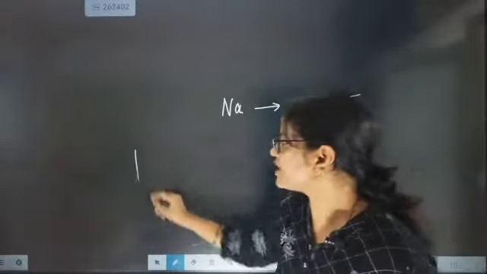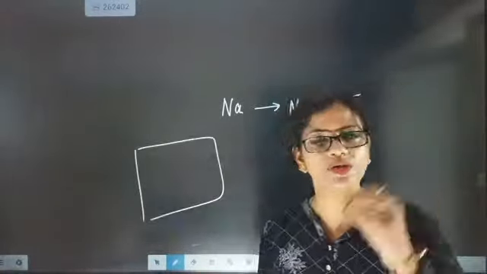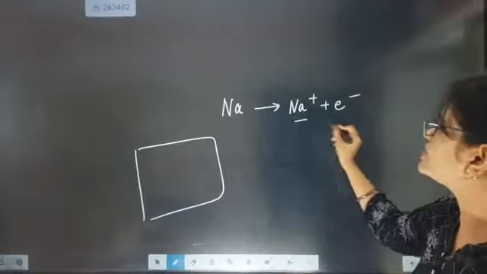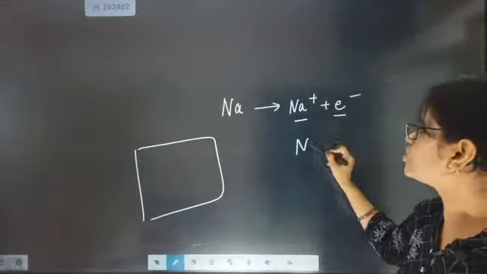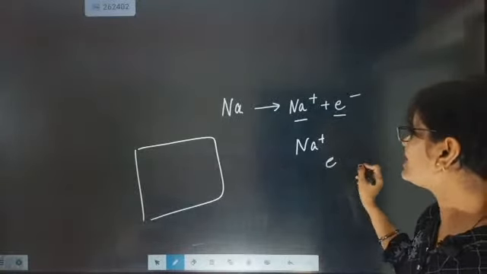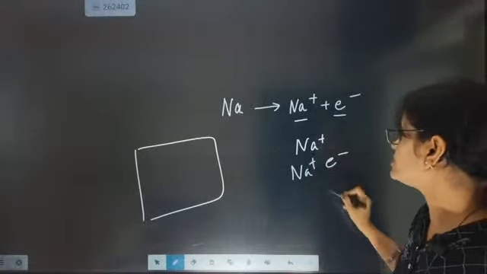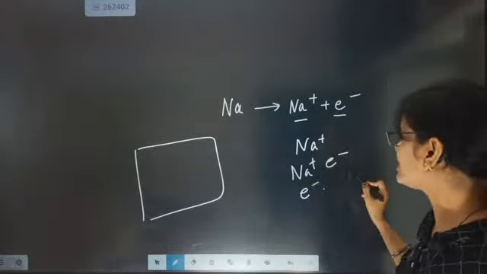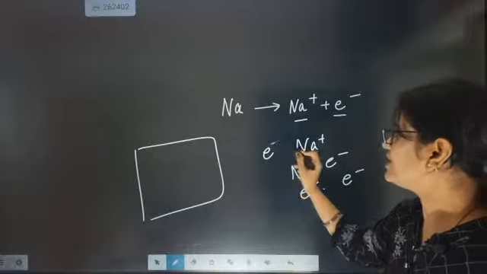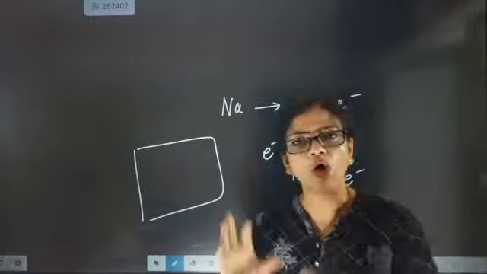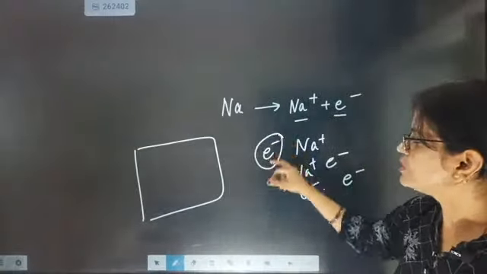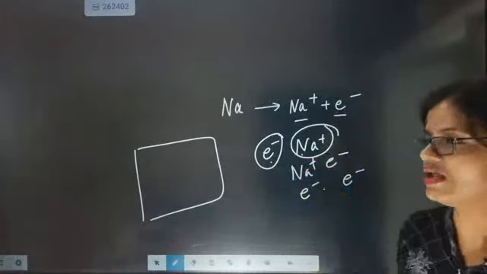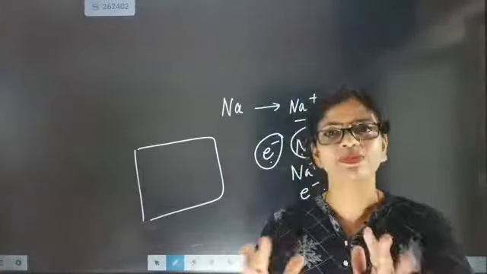If I take a vessel and keep sodium in it, then sodium ions will be there and electrons will be there. These electrons and sodium ions will be present inside together. So now a weak bond will be formed between this loose electron and this sodium ion. That is called a metallic bond.